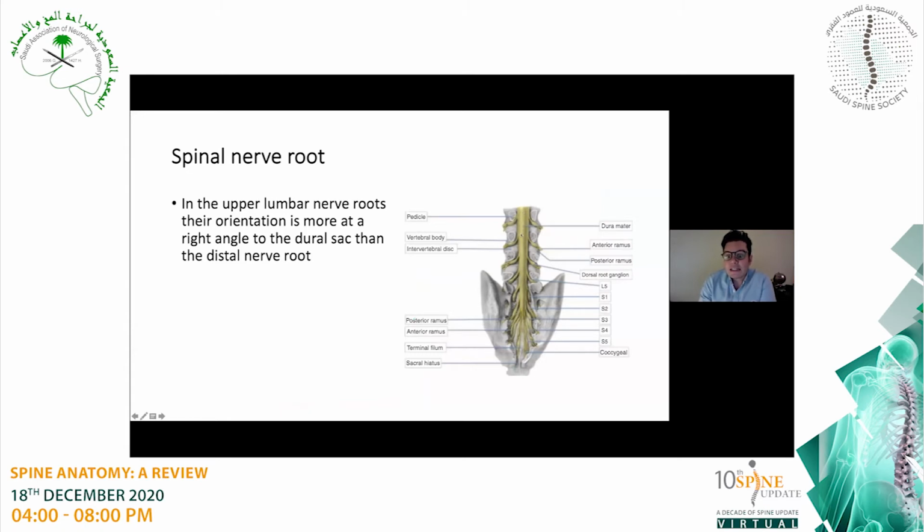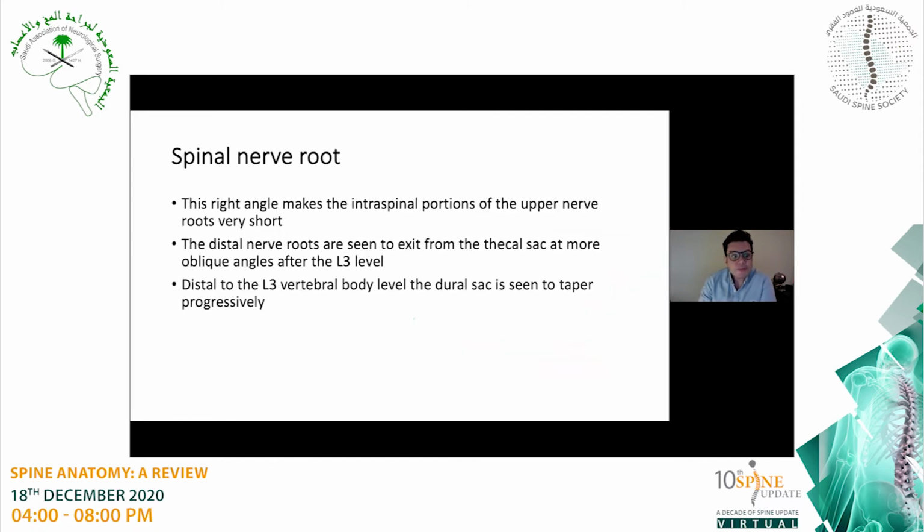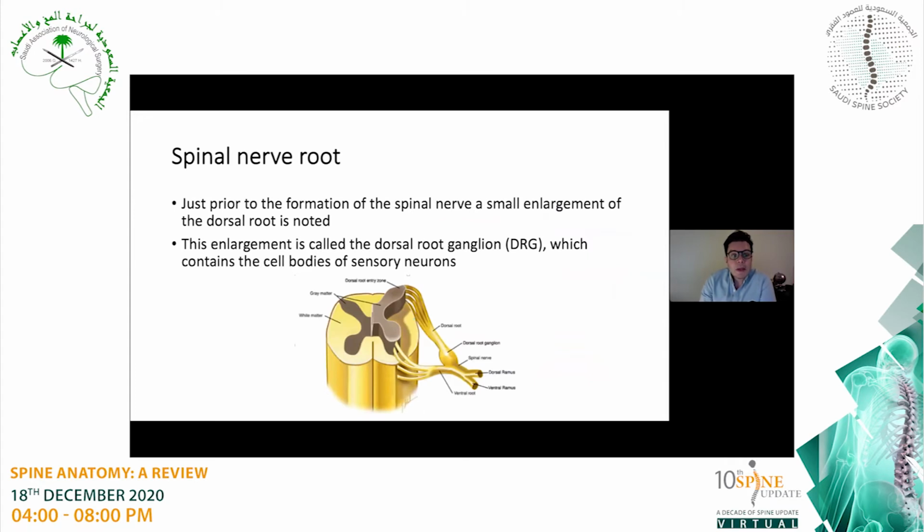The thecal sac itself also tapers posteriorly, and this is important in endoscopic spine surgery because we expect the dural sac here earlier than here, because it's away and has already tapered. And this makes the intraspinal portion of the upper nerves very short compared to the distal nerves from L3 and below, where they travel a longer distance in the spinal canal.